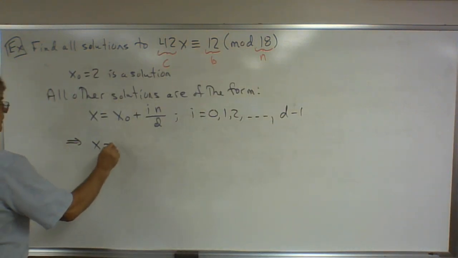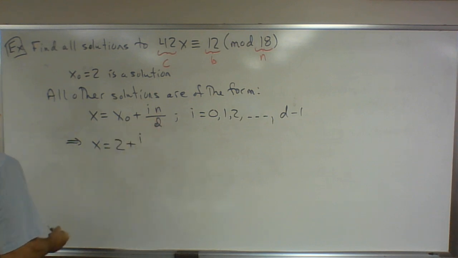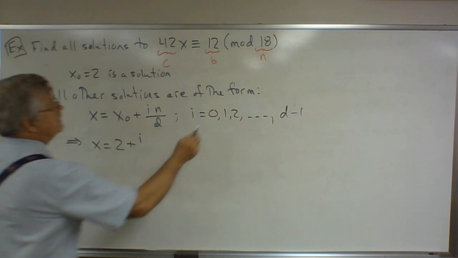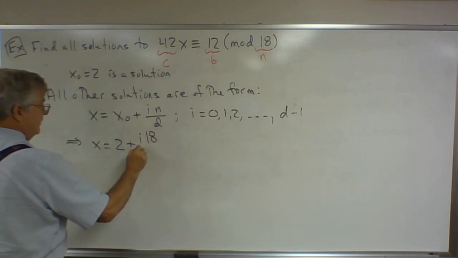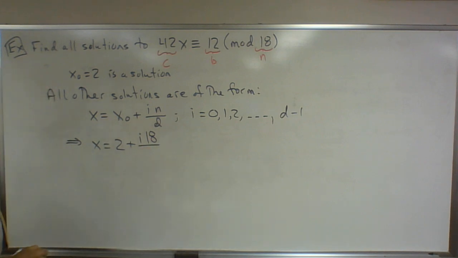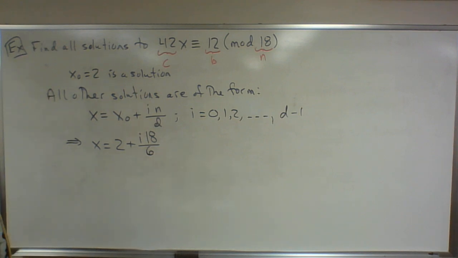So x equals 2 plus i times n over d, where n is 18. And d, the greatest common divisor, that was 6, wasn't it? Okay.